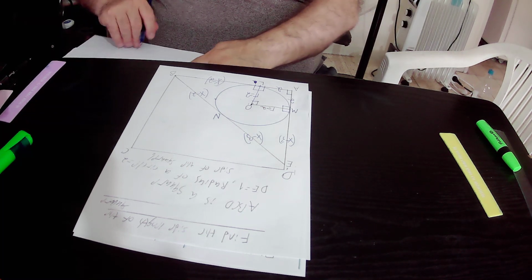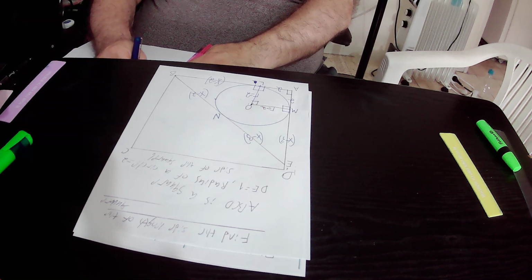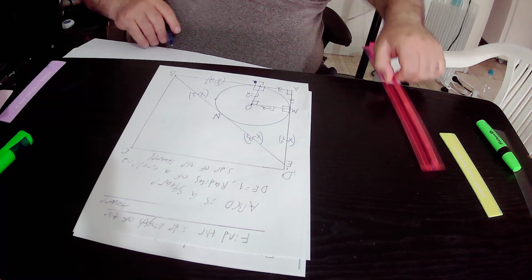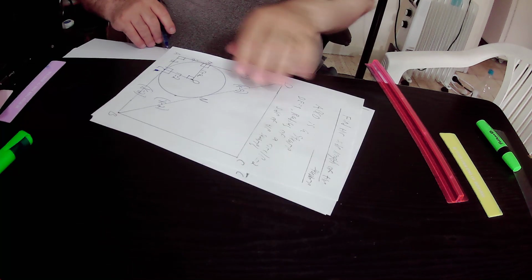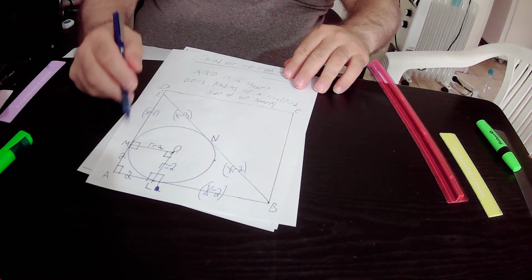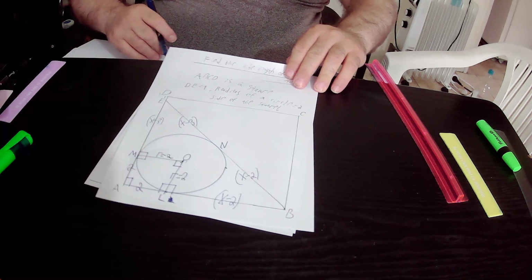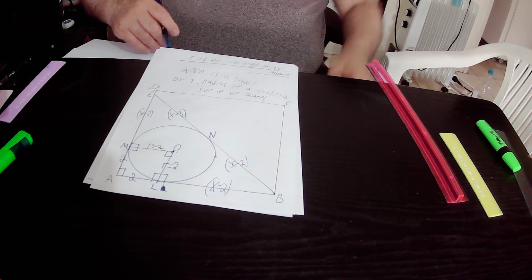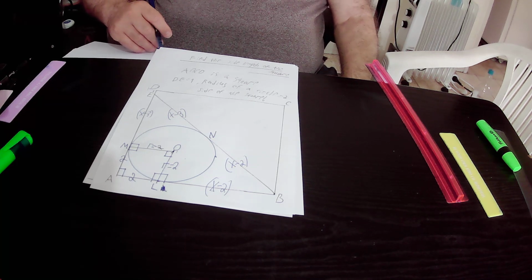So in the next step, we will implement the Pythagoras theorem on the right triangle EAB, and by implementing the Pythagoras theorem on the right triangle EAB, we will find out the value of x.